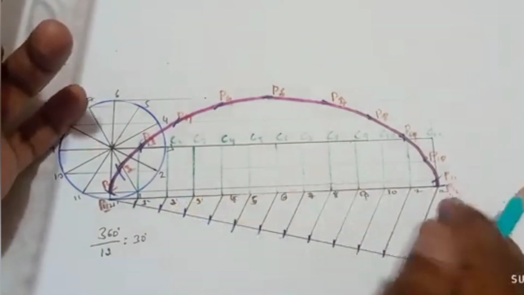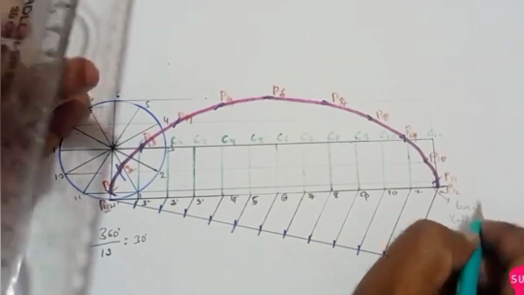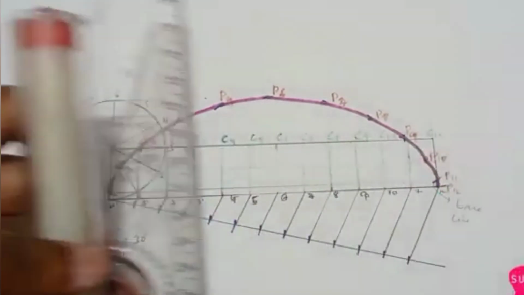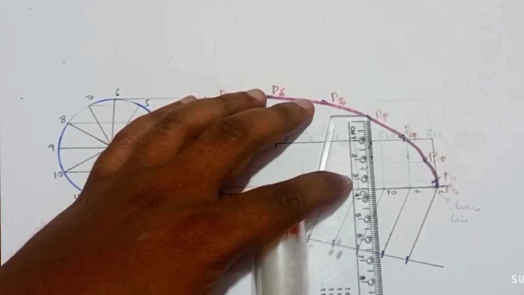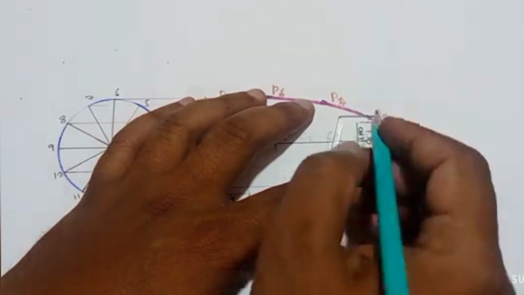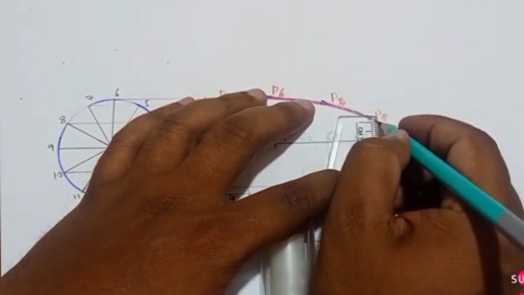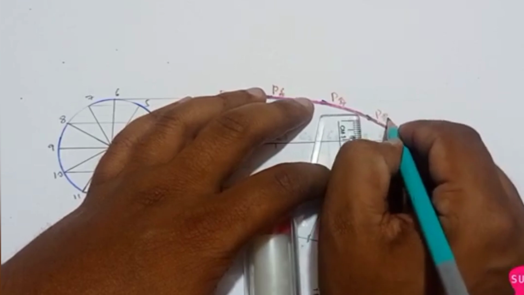This is our baseline, so 35 mm we have to consider. From this base, where 35 mm is exactly touching the arc, I'll mark that point as M.